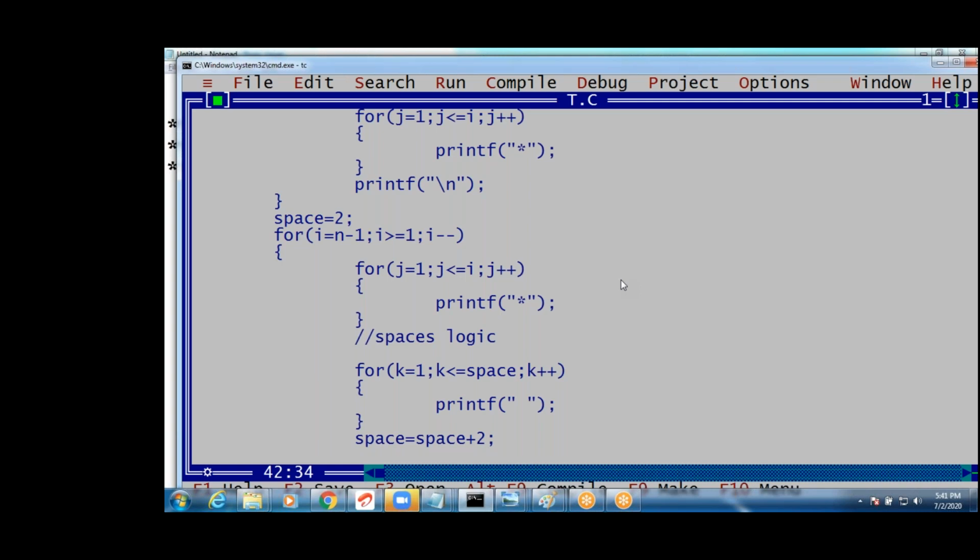Yeah, completed, guys. Yeah, guys, see this second pattern.